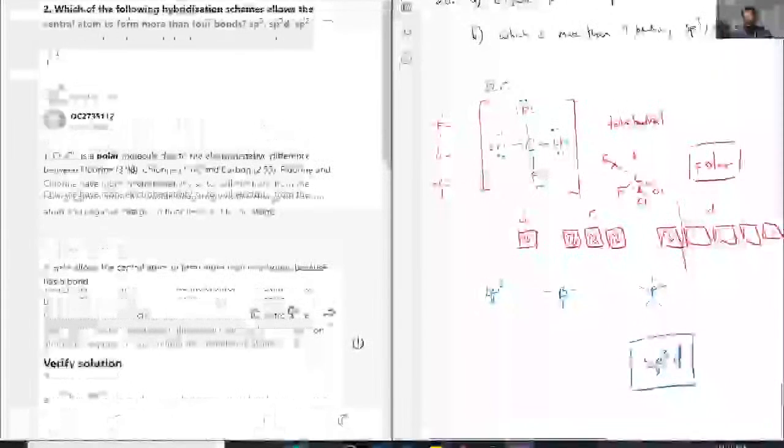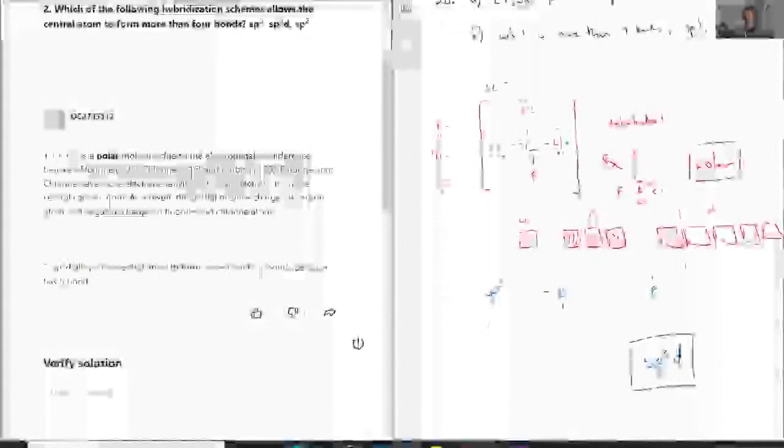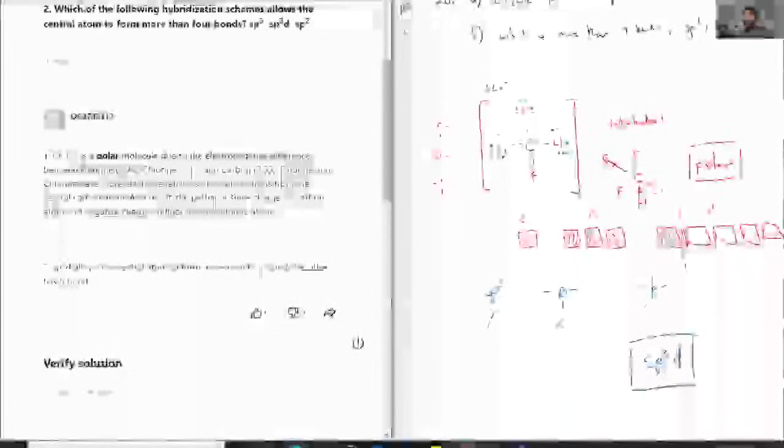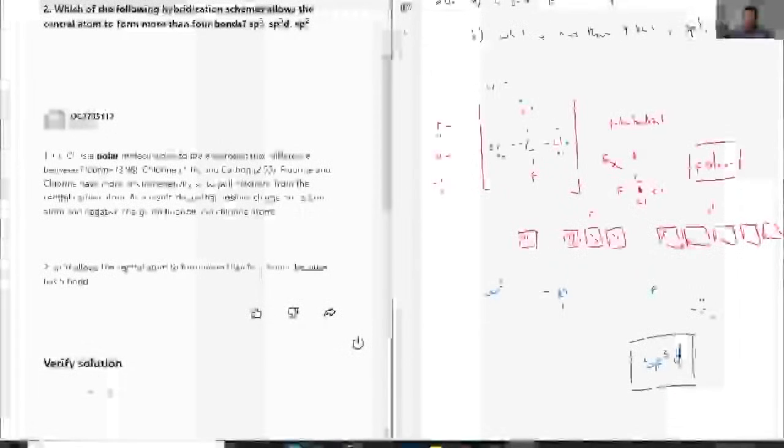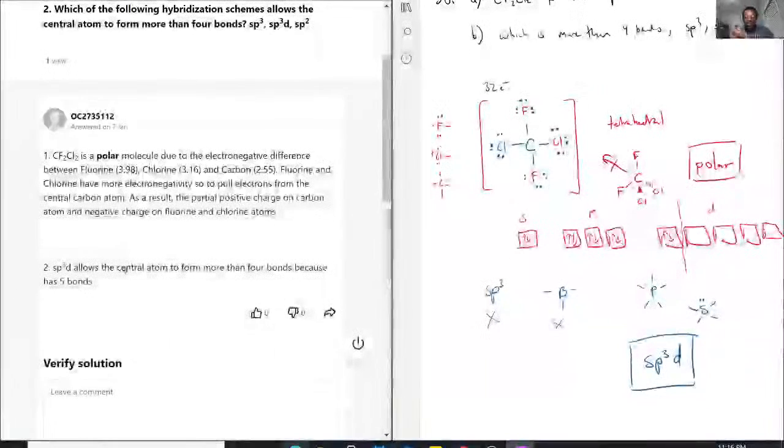So with that, let's see what it says. It says sp3d allows it to form more than 4 bonds because it typically has 5 bonds. Something else you could also do is sulfur, which is also technically sp3d, okay? Now, with all that being said, as we reviewed, CF2Cl2 is the polar molecule, according to my colleague as well.